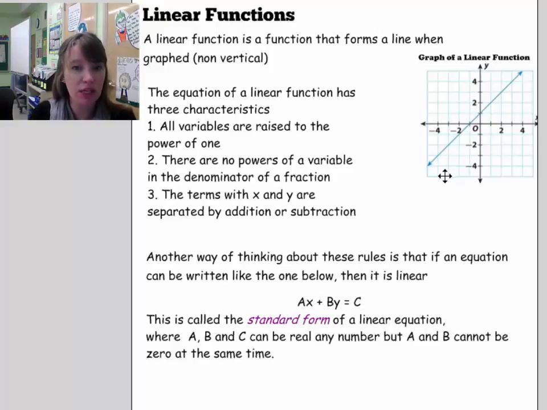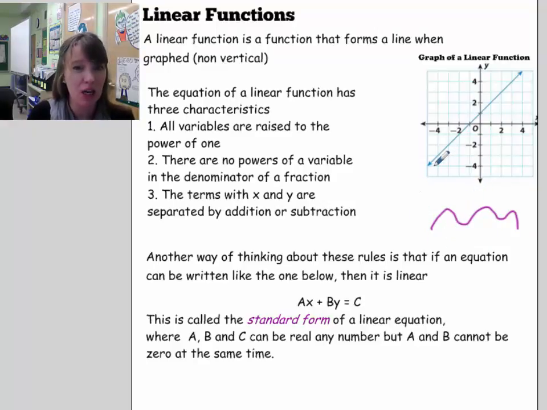It's fairly easy to see when a graph is a linear function because it forms a line when it's graphed, right? Anything that's a line. Remember, in math class we don't consider, like in art class where you may be asked to draw a line and you can draw something like this, we don't consider this a straight line in math class. We don't even really call it a line.